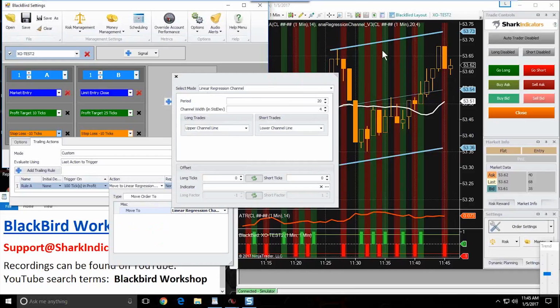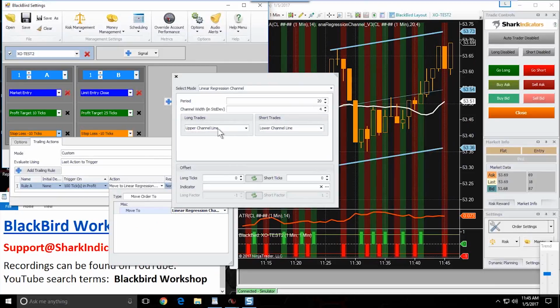So you don't need the anti-regression channel here to use this. I just have the anti-regression channel on my chart because it looks a little prettier than NinjaTrader's does. But in any case, the point is, if you want to use a regression channel to move your stop loss around, then that's there for you.